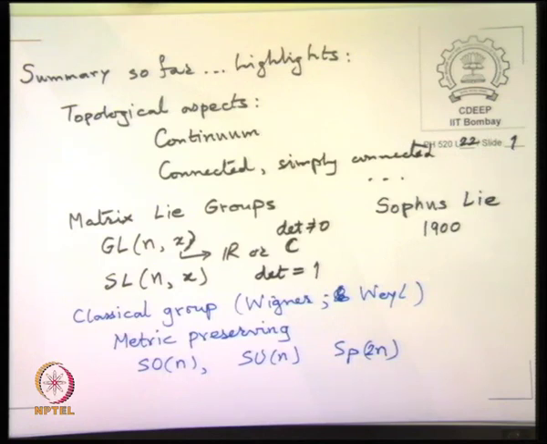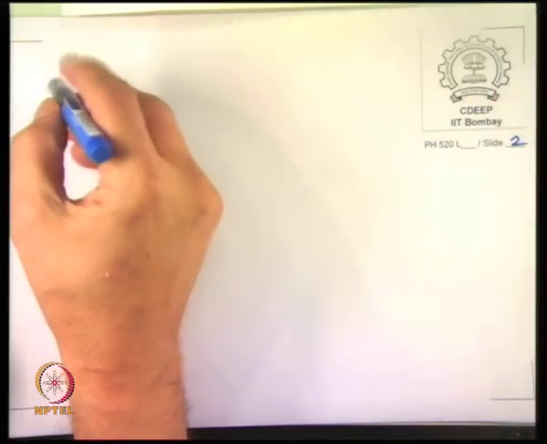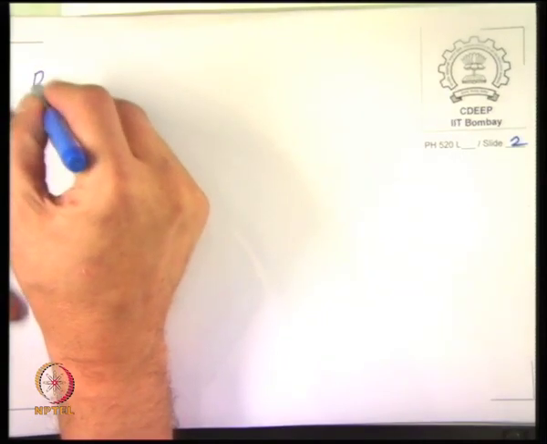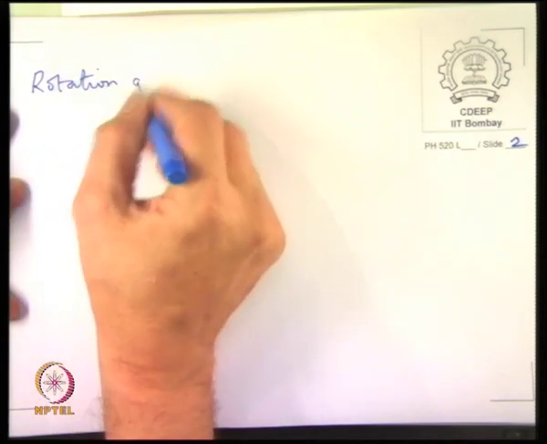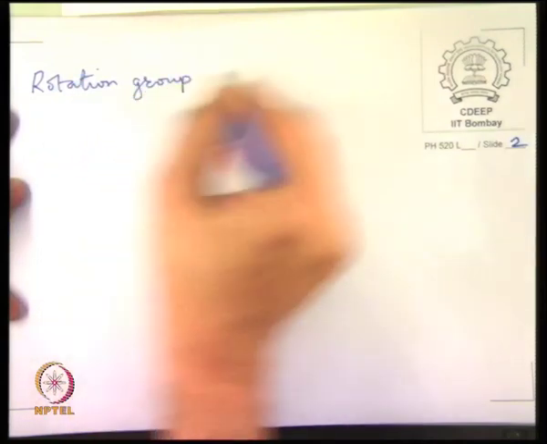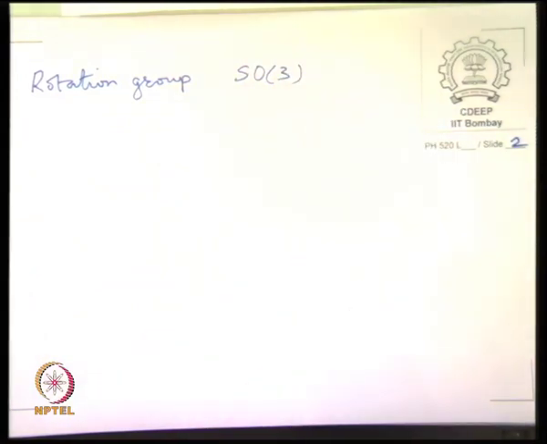So this is what we did, and then the latest thing we were doing was representations of, so we got the angular momentum algebra. What we meant was rotation group, which happens to be SO(3), 3 by 3 orthogonal groups of determinant +1.